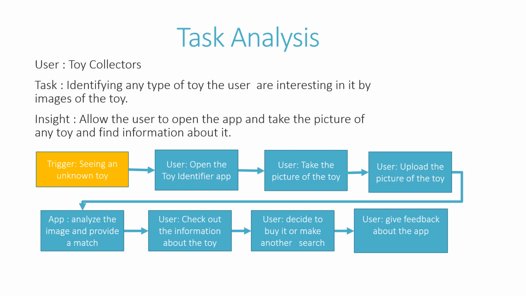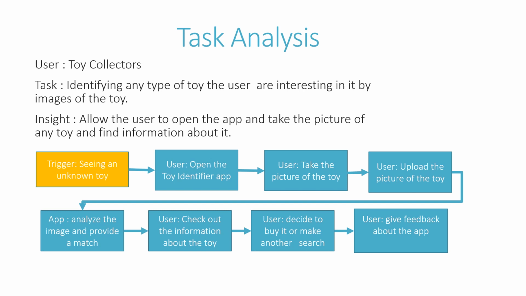For example, the age when it was manufactured, where it was manufactured, the company that manufactured the toy, reviews from other toy collectors, and also important tips to prevent buying fakes or replicas of the original toy.